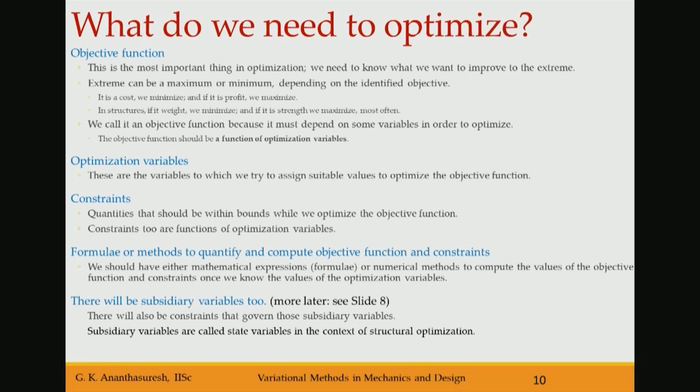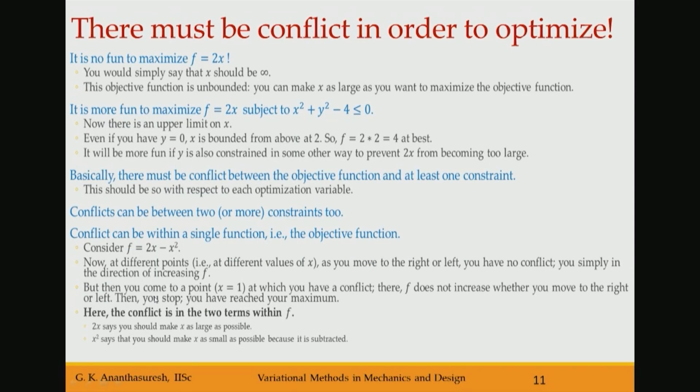You need to have variables and an objective function and constraints expressed in terms of that variable or variables, and in addition to the design variables or optimization variables, there will be subsidiary variables or state variables in every given problem.